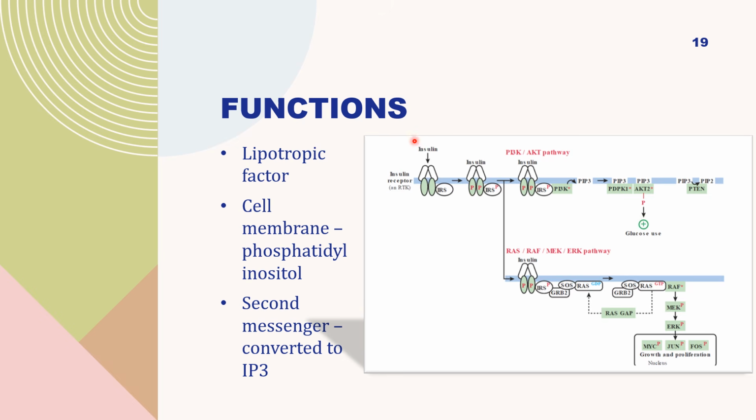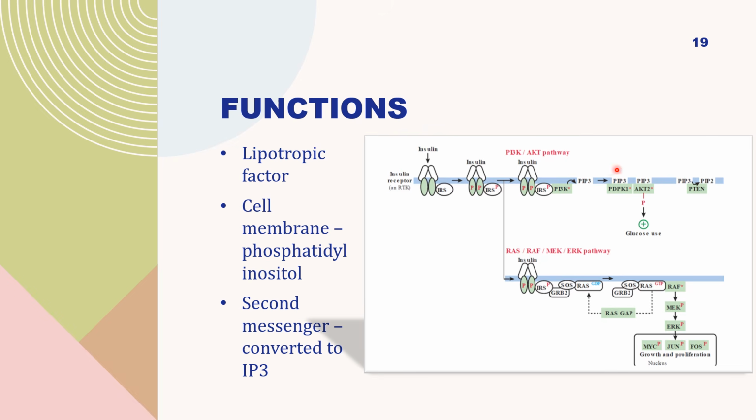So the insulin brought a message, and that message was carried further towards the interior of the cell by this phosphatidyl inositol. So we call it a second messenger. Suppose in case of insulin resistance, this mechanism will be impaired.